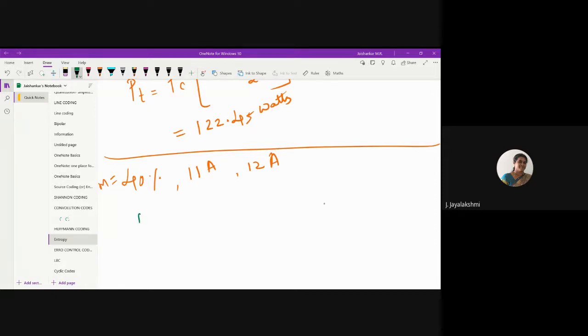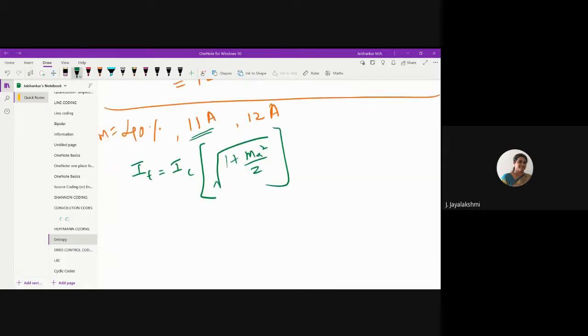So what is the relation between the total current and the carrier current? Instead of power, it is going to be root of 1 plus MA square by 2. Here you have the total current given: initially it is 11 amps and then it increases to 12 amps.